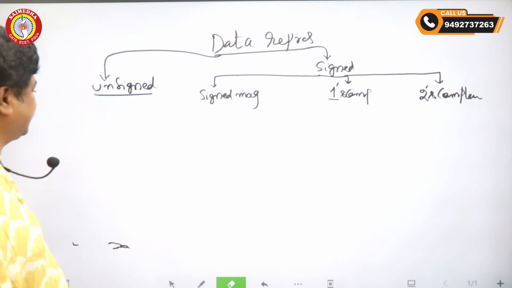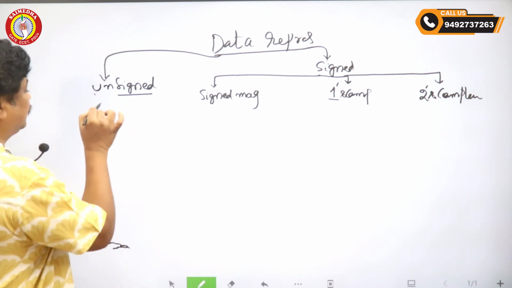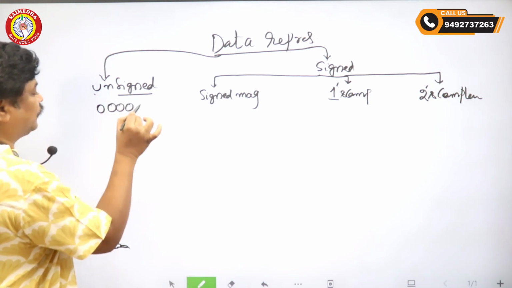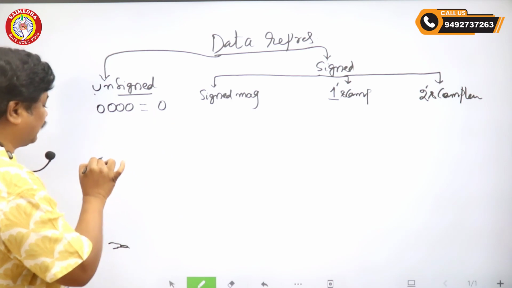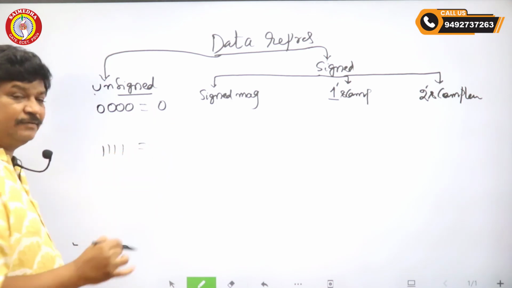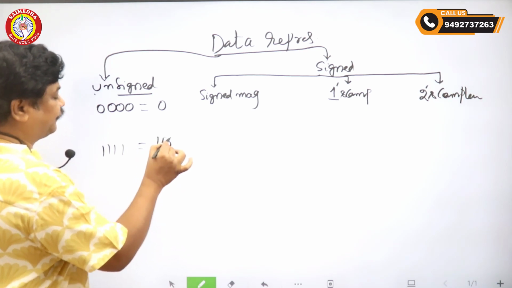The first value is 0, 0, 0, 0, whose value is 0. The last is 1, 1, 1, 1, all ones. We cannot write more than this. Its value is 15.